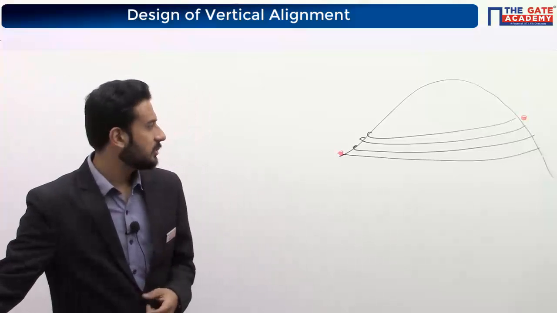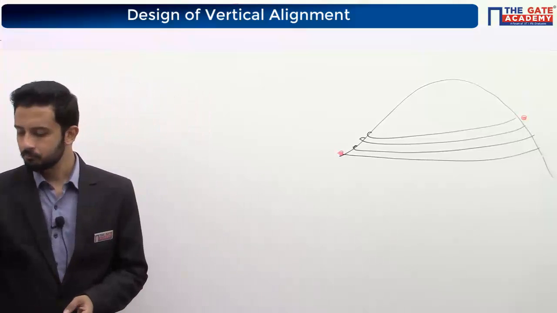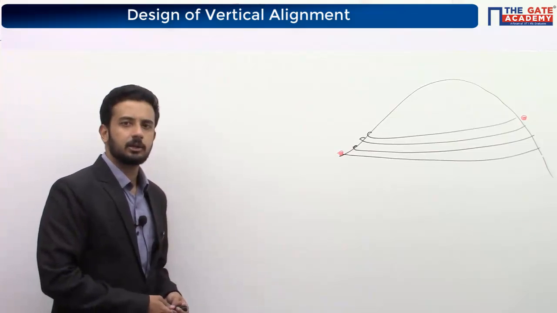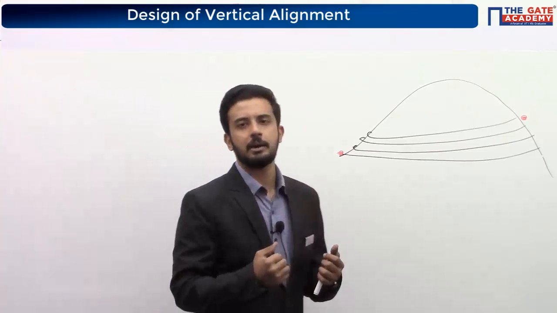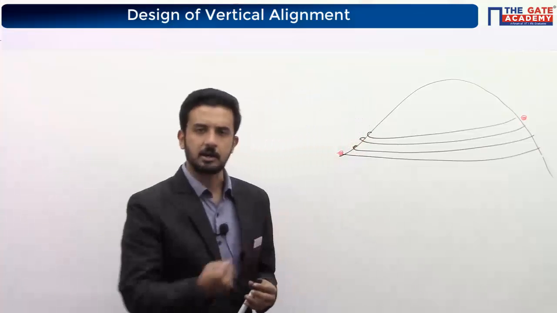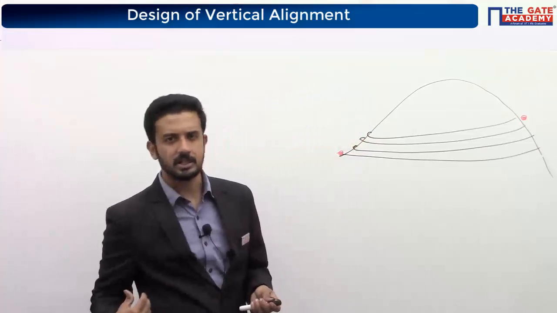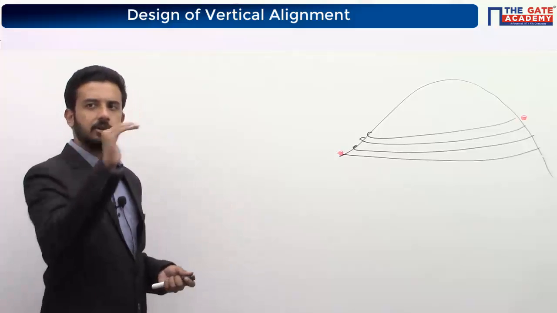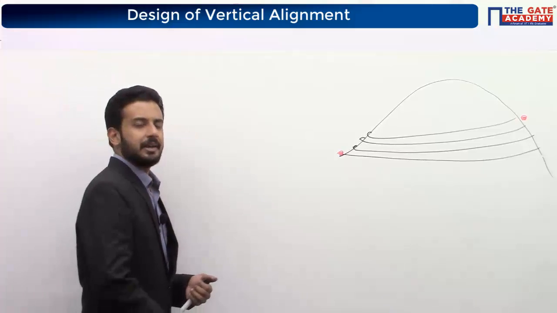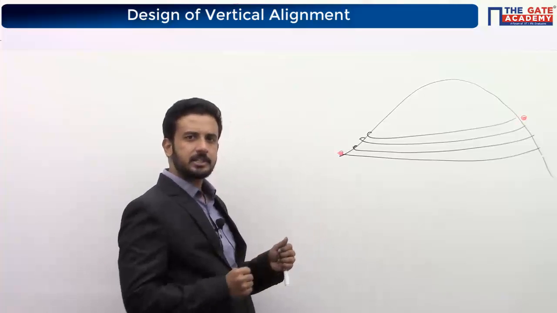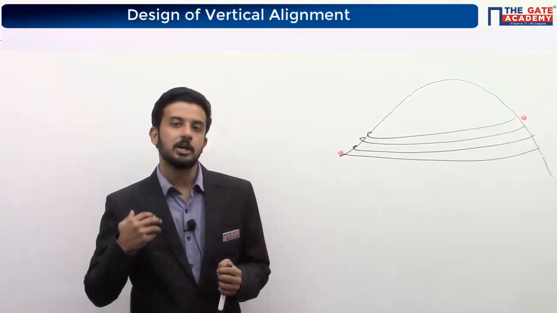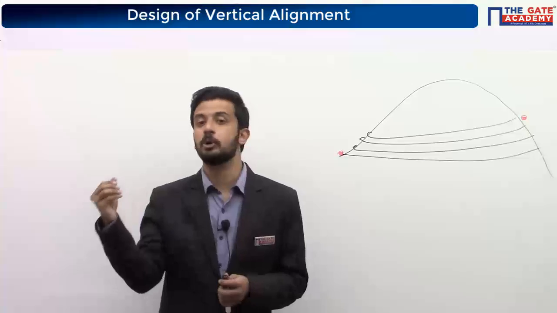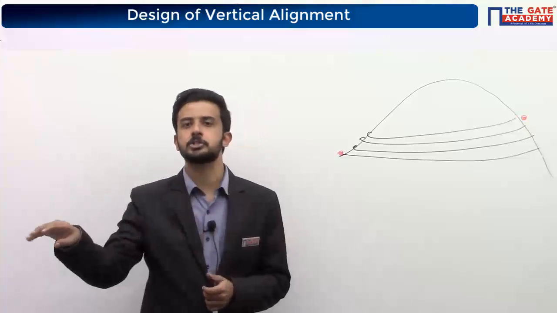Correct, na? So in such cases, what is the problem? Definitely if it is a vertical curve, some resistance is going to happen on your vehicle, na? There is a component of weight towards downward, correct? So if you are traveling on a vertical portion, definitely there is some opposite force pulling you backward. Your vehicle will not be getting as much pulling as you get on a straight road.